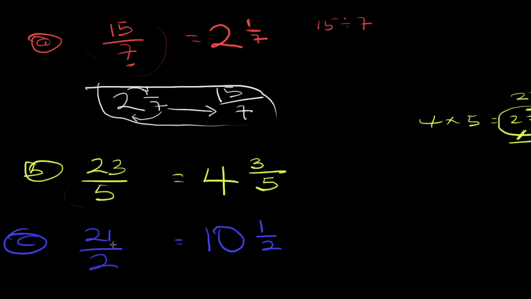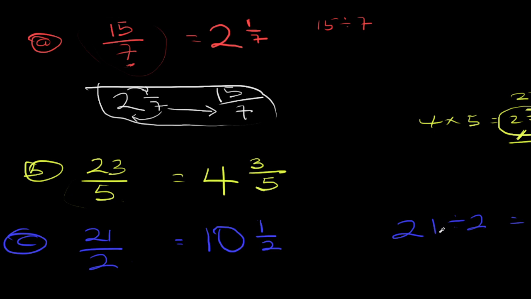Okay. Any questions? All right. So I'll just go over this one again. So remember, when we divide 21 by 2, we get 10, remainder 1. All right. Sorry.